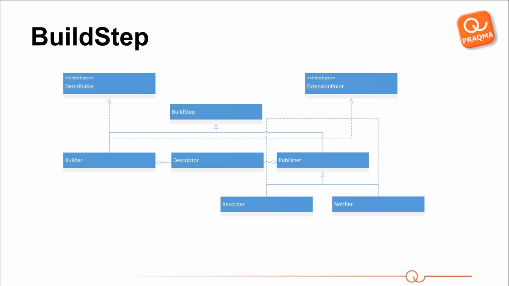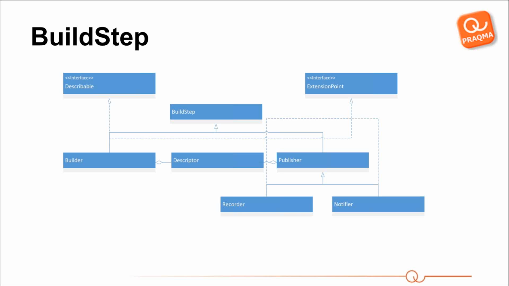There's a way we need to describe how our builder looks in the UI. For example, if you execute a Windows batch script, you choose from a list, and you get a drop-down box where you have to put in your command. So we need somehow to describe how our builder looks and what configuration elements are required for it to work. So there are builds that are describable objects, so we can associate data with it.